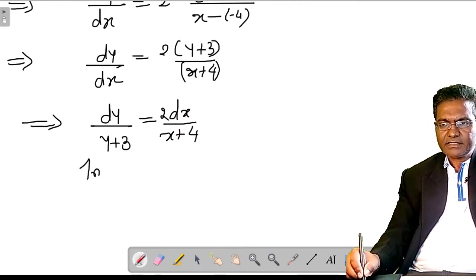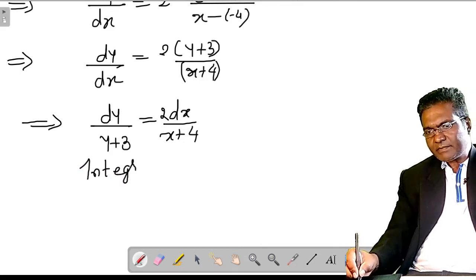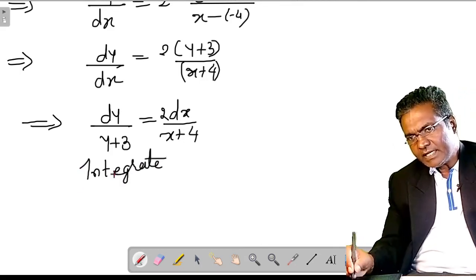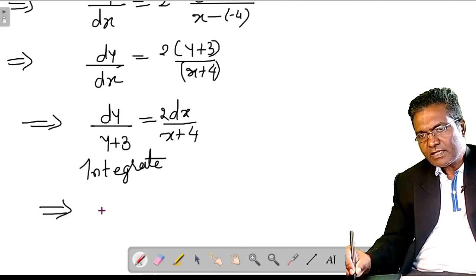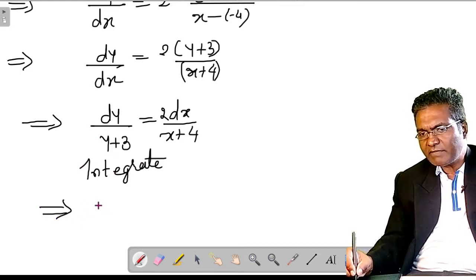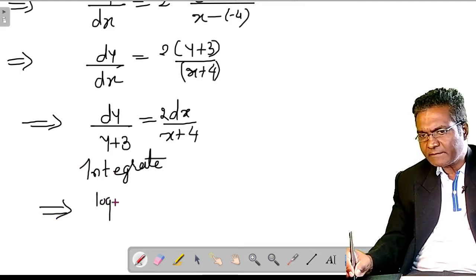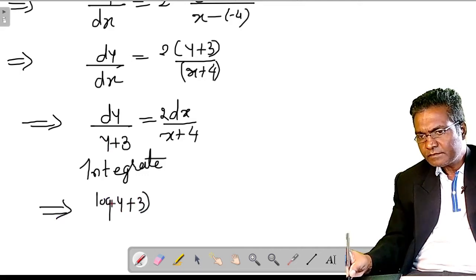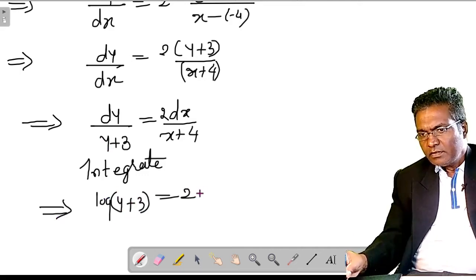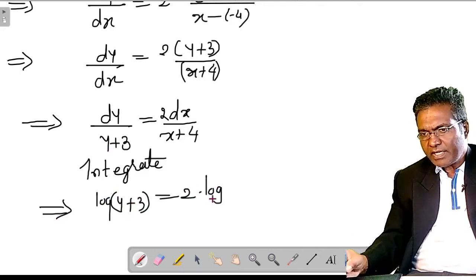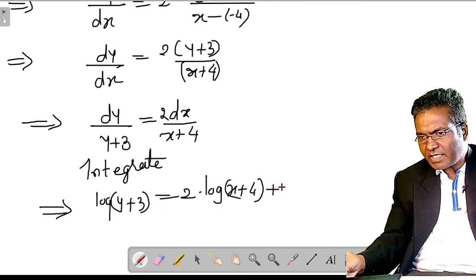Once the variables are separated, integrate. The integration of 1 by (y plus 3) is log (y plus 3), and 2 into the integration of 1 by (x plus 4) is log (x plus 4). And if all the terms are in terms of log, you can keep the constant also in terms of log.